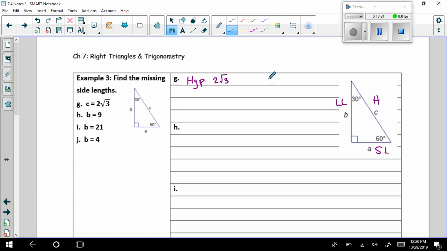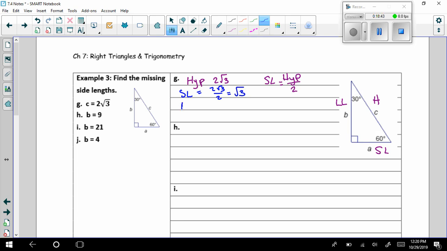Okay, well, the short leg is the hypotenuse divided by 2. So for this particular example, the short leg is 2 root 3 divided by 2, which is just root 3.